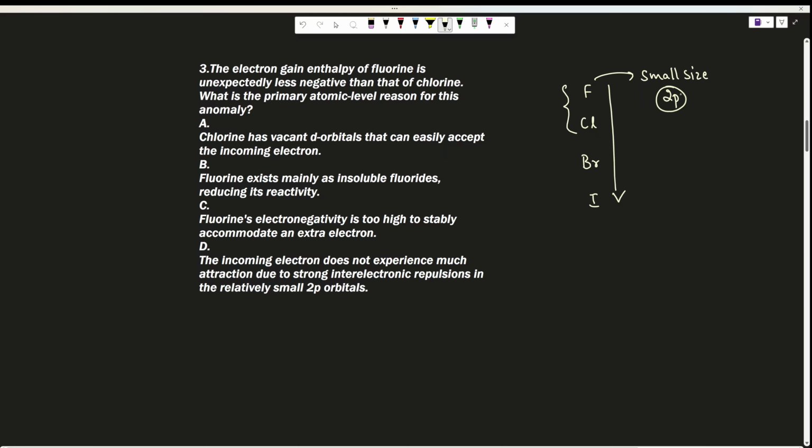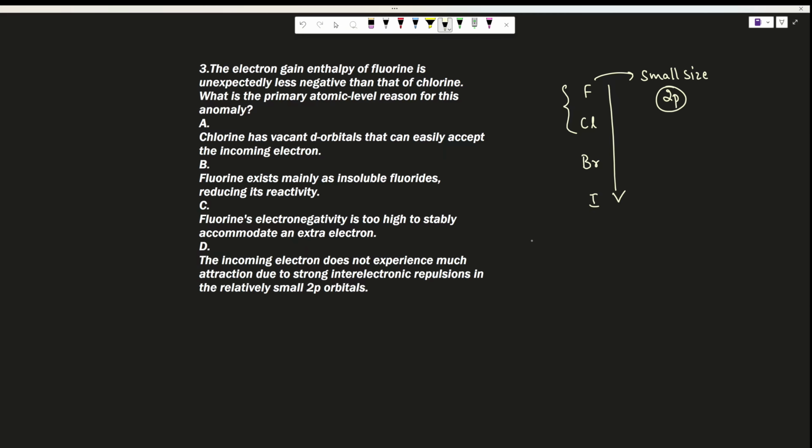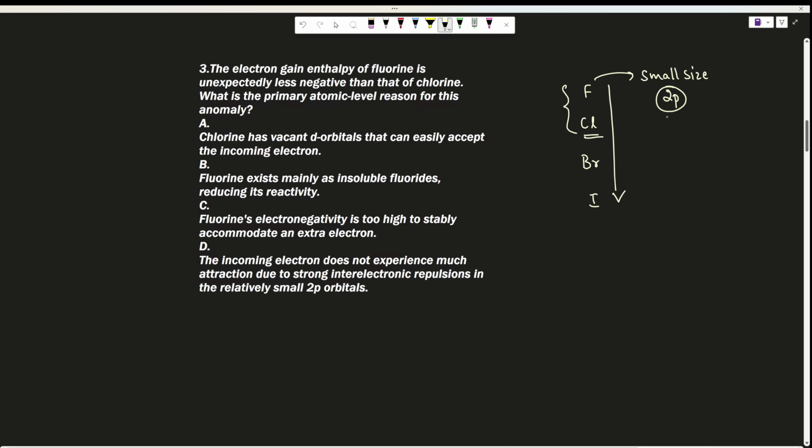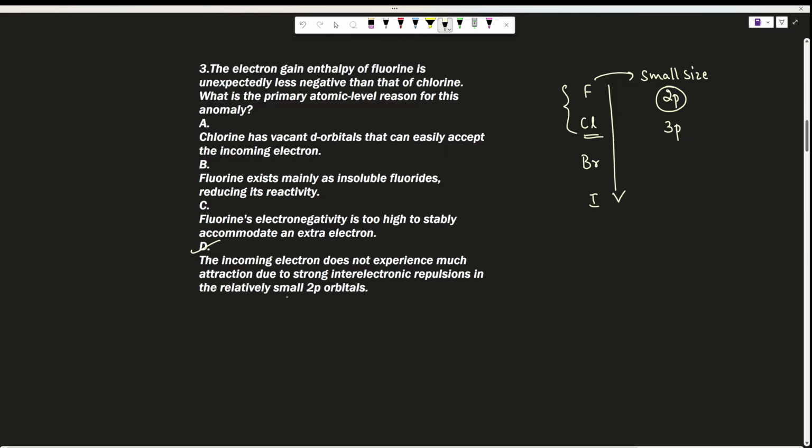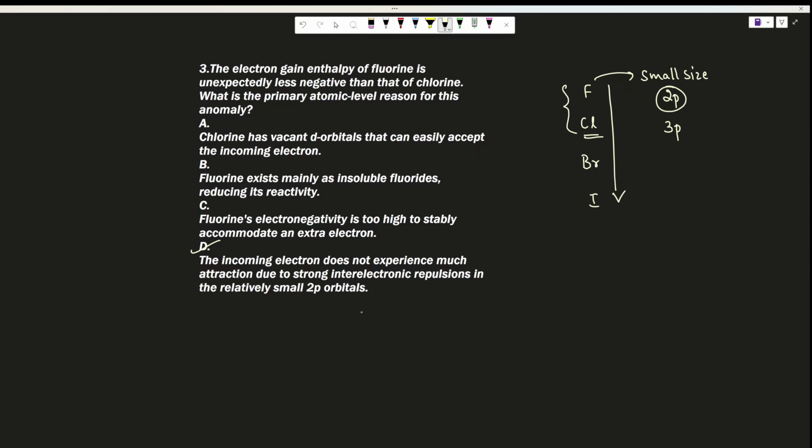When you add one extra electron, there will be some inter-electronic repulsion due to small size, which will not happen in chlorine because chlorine will have 3p orbitals which are bigger than 2p orbitals. So here the right answer is: incoming electron does not experience much attraction due to strong interelectronic repulsions in the relatively small 2p orbitals. Okay. Next.